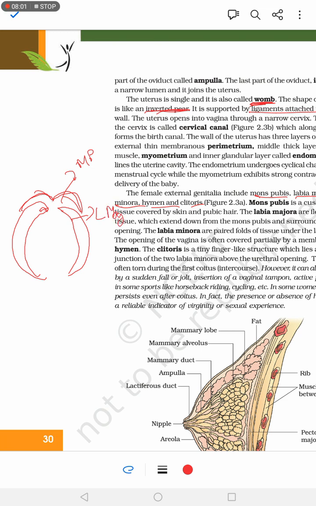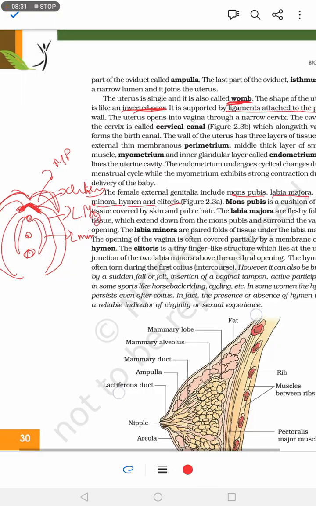Then there is another small fold of skin inside, which is the labia minora. Where the labia combine, there is another part known as the clitoris. Just below the clitoris we have the urethral opening, the vaginal opening, then the anal opening. So this is how we will understand the female external genital part.